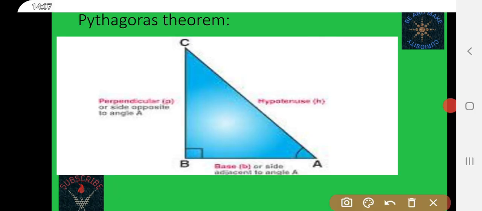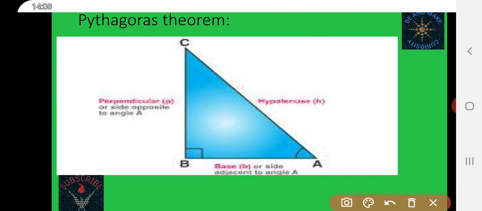See, before going to the main point, introduction to trigonometry and trigonometric ratios, first we should focus on Pythagoras theorem. You know in your earlier classes what is Pythagoras theorem and Pythagoras formula. So I am just going to remind you.